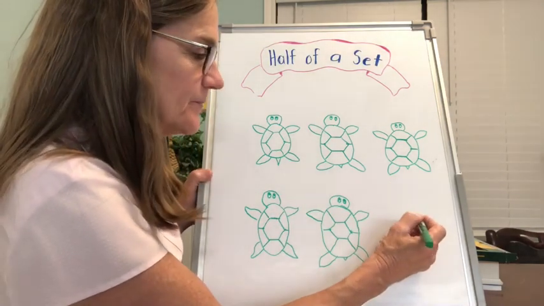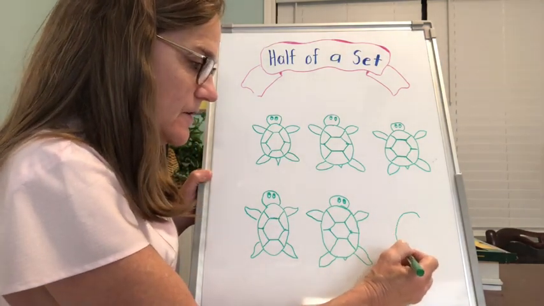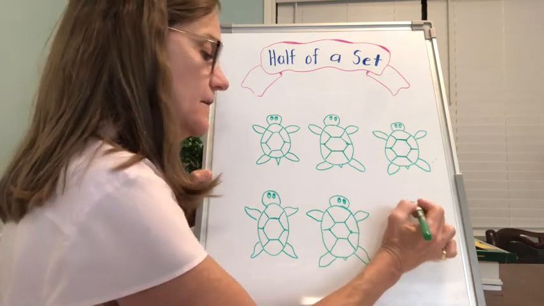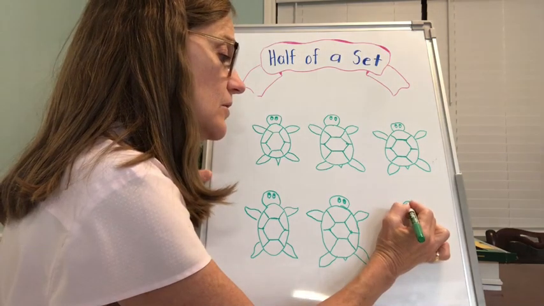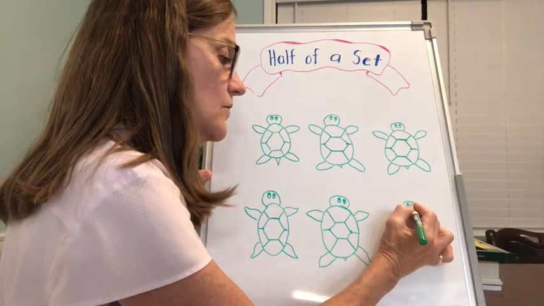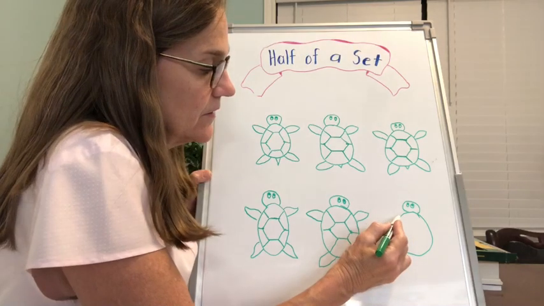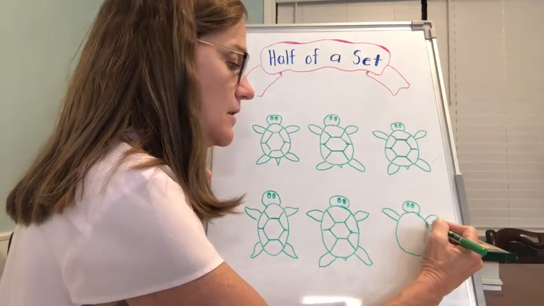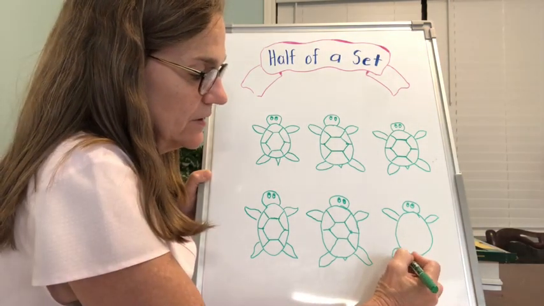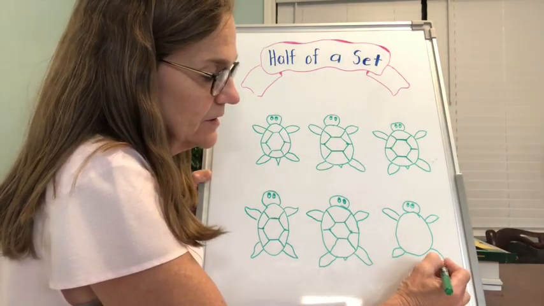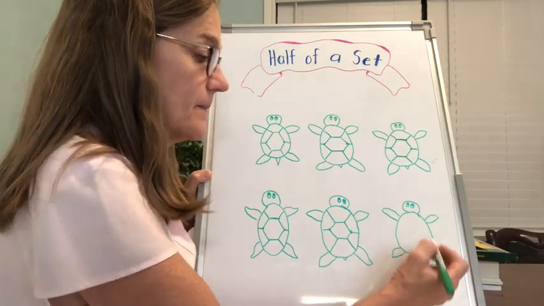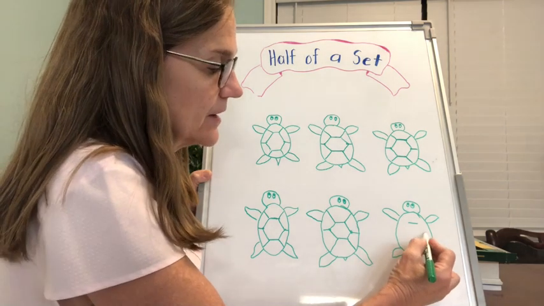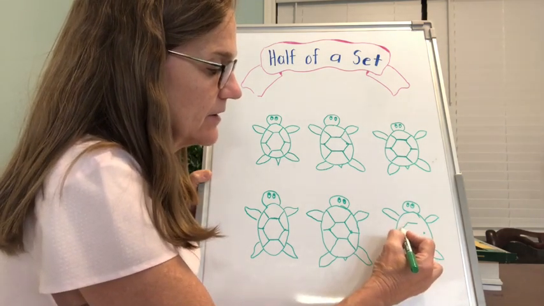Okay, and one more turtle. Oval, oval, flipper, flipper, flipper, flipper, a little tail, and a hexagon, flat on the top, flat on the bottom, a dot out here, a dot out here.